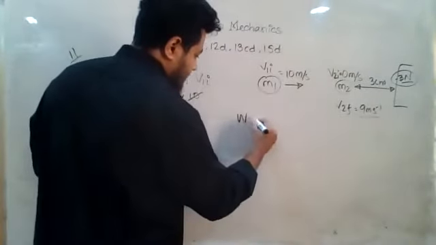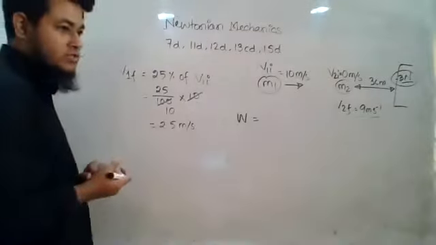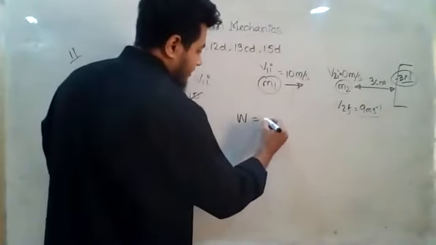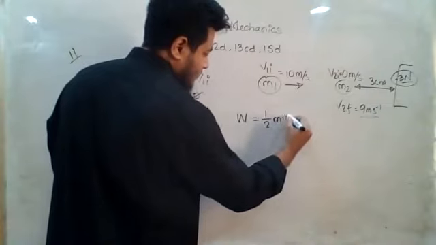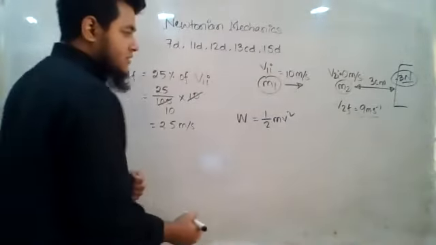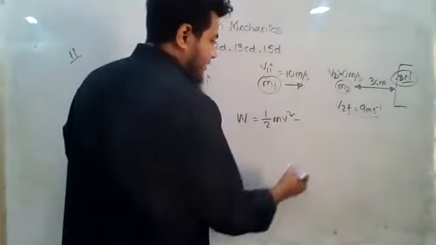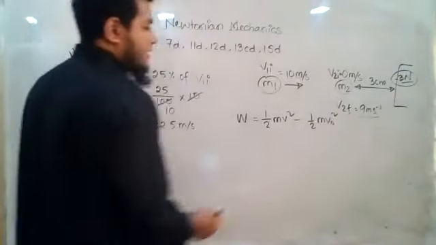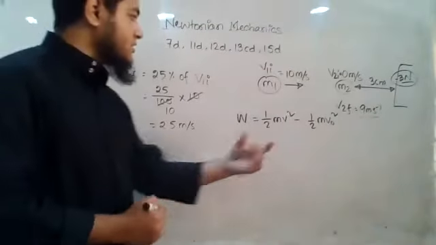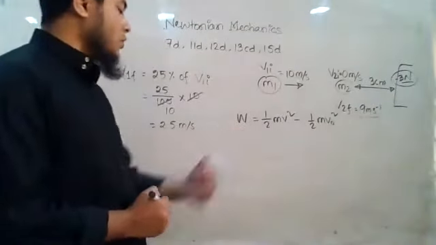Work done is equal to the change of energy. So let us say now the velocity is v, so half mv square is the final kinetic energy minus half mv naught square, the initial kinetic energy. So this is the change of kinetic energy, which is equal to work done.